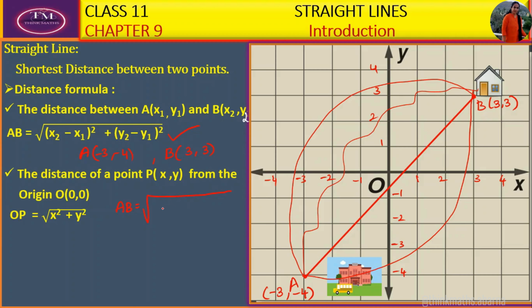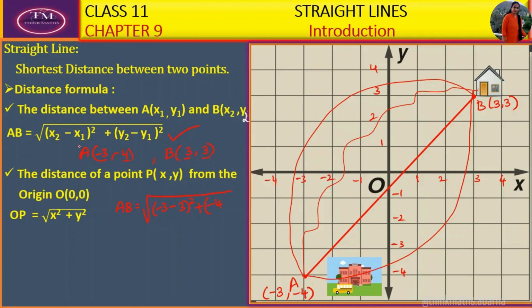Okay. Now the difference of the x coordinates: it is -3 and 3. So I take (-3) whole square plus the y coordinate difference, -4 and 3. So it is -4 and this is plus 3. Minus 3 is negative, correct.